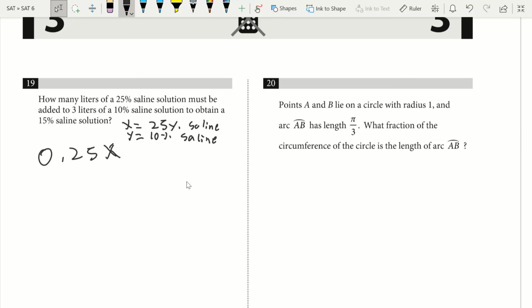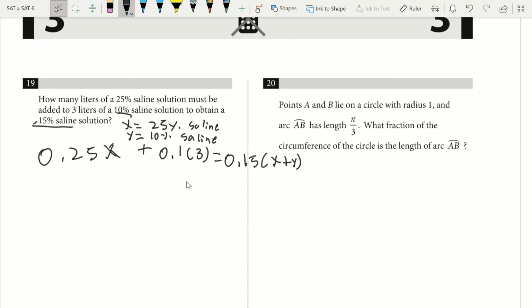So we've got 0.25x plus our 3 liters of our 10% saline solution, so plus 0.1 times 3. 0.1, because that's our percent saline solution, times our 3 liters of it. And that's going to equal our 15% saline solution, so 0.15 times our total number of liters, which is going to be x plus y.